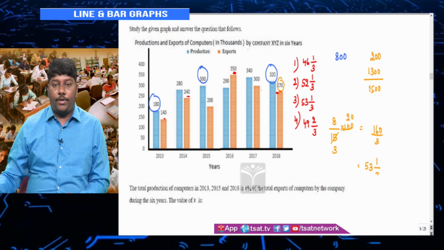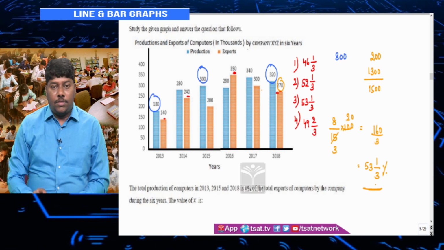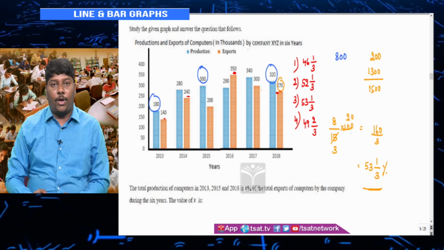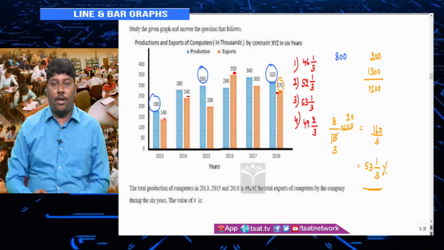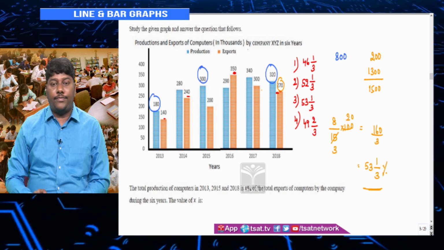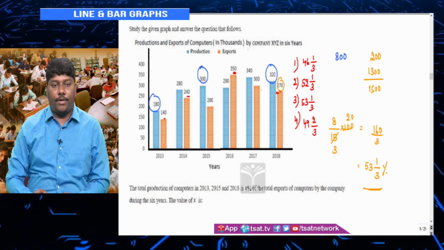Remaining is 1. 53 1 by 3 percentage. So simply he is asking you X is what percent of Y. So 800 is what percent of 1500. Actually 800 is 53 1 by 3% of 1500. So the X value is 53 1 by 3.